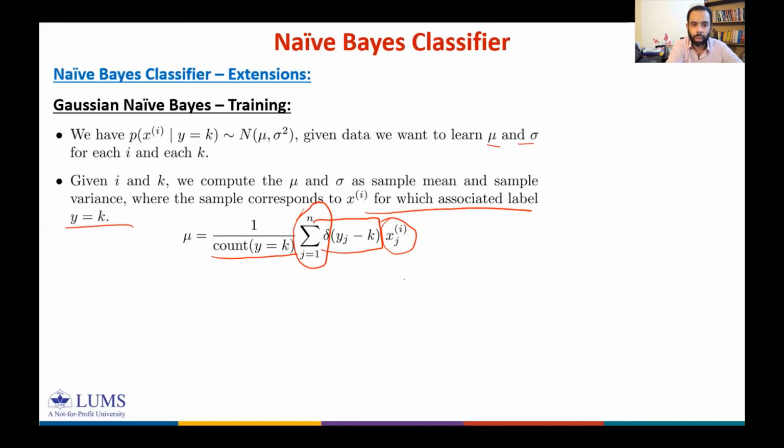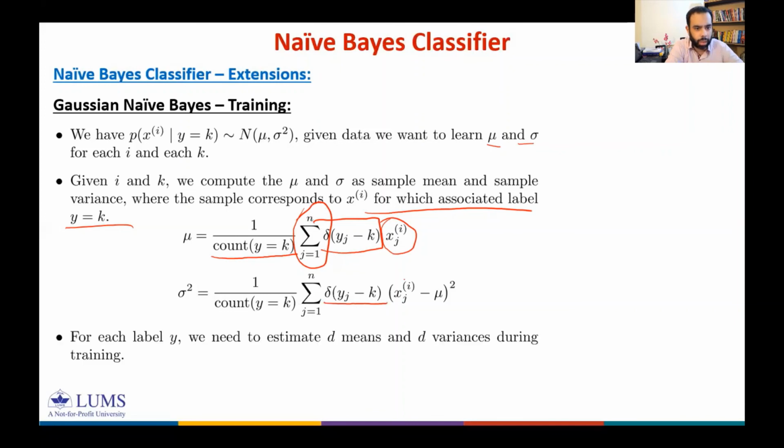Similarly, we can extend this to compute a sample variance. You subtract the mean from each value of the ith feature and sum from j equal to 1 to n, and we only include those data points, those instances, for which the label is equal to k.